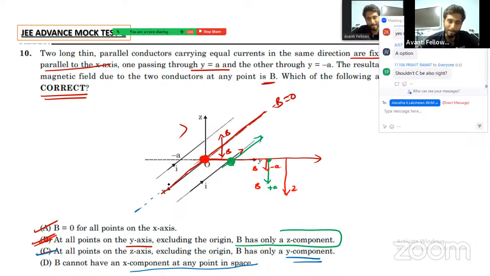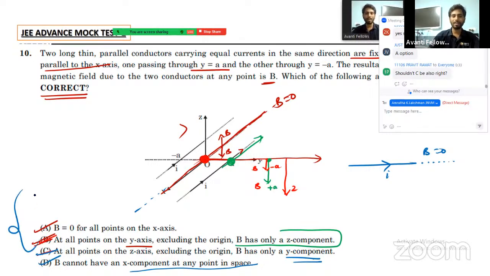It means at the x points the value of B remains 0. They say the same line, B cannot have an x component. You don't get an x component because, suppose current is moving in this direction, at any point along this direction the value of B is 0, being parallel. So D is also a correct option. It means all are correct here.